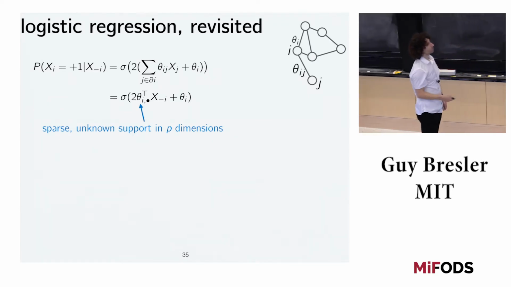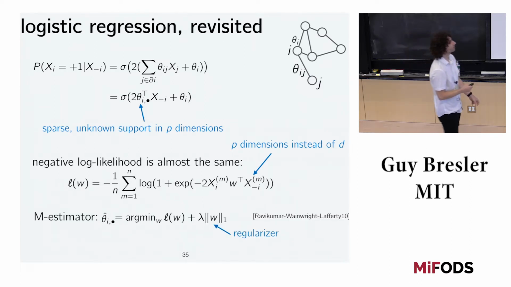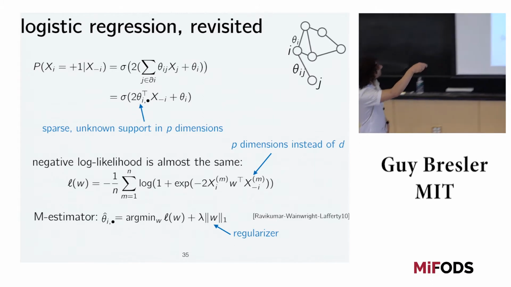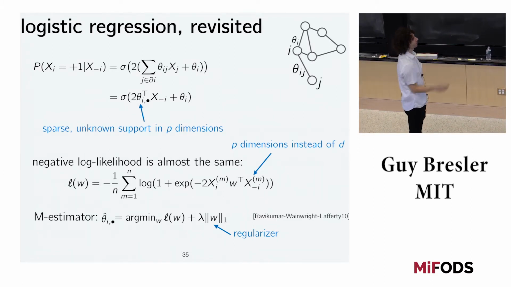We want to find the support of theta. That's the graph structure, the neighborhood set of I. So just as before, we can write the negative log likelihood. As I've emphasized here in the blue text, now theta is sparse. It has p dimensions instead of d.